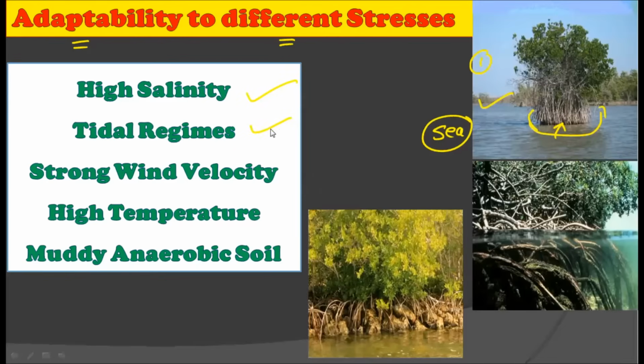As we have discussed in slide one, when there is a high tide, the whole habitat of the mangroves is under the water, and when there is a low tide, the water drains off. So these mangroves also show adaptability to the tidal regime as well. Then there is strong wind velocity.